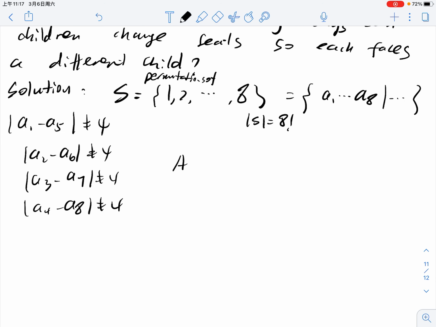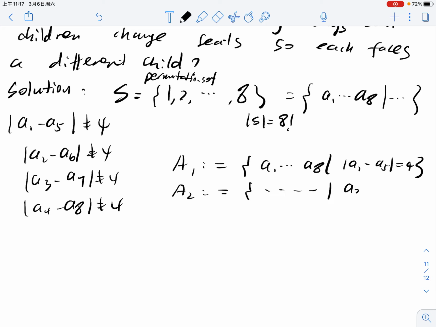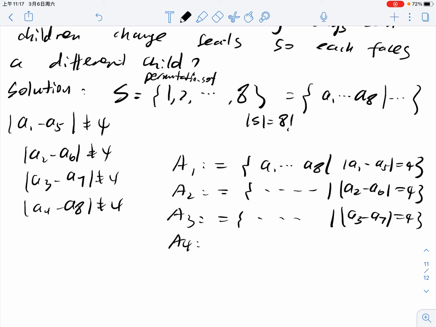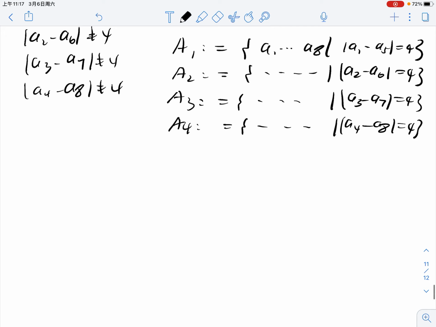And let A1 be the set of all permutations such that A1 minus A5 is 4, and A2 the set of all permutations such that A2 minus A6 is 4, A3 such that A3 minus A7 is 4, A4 such that A4 minus A8 is 4.